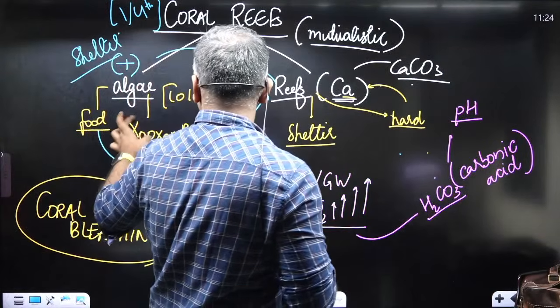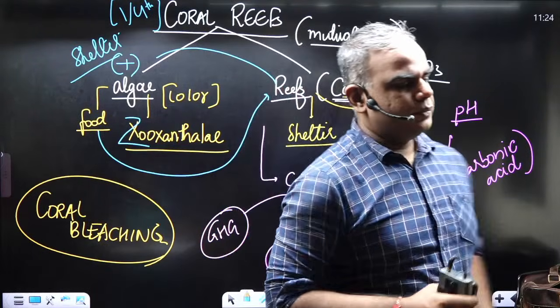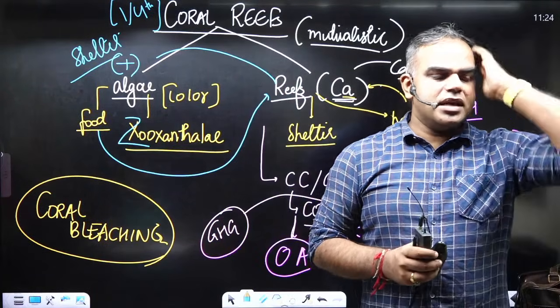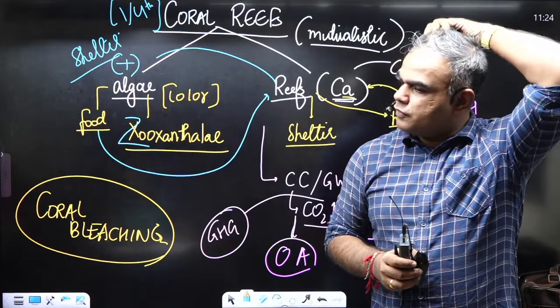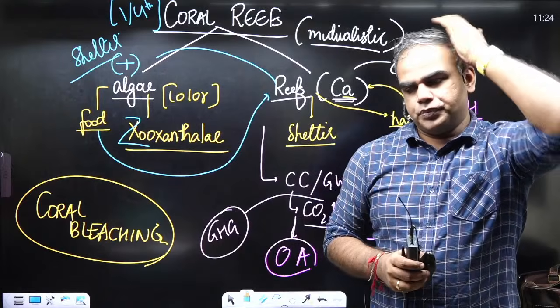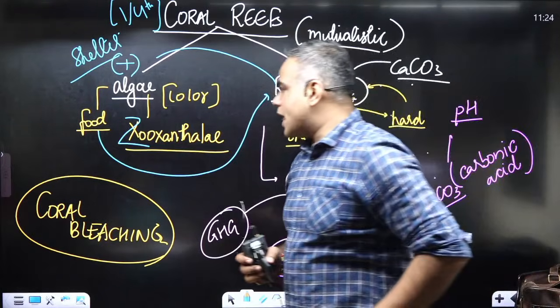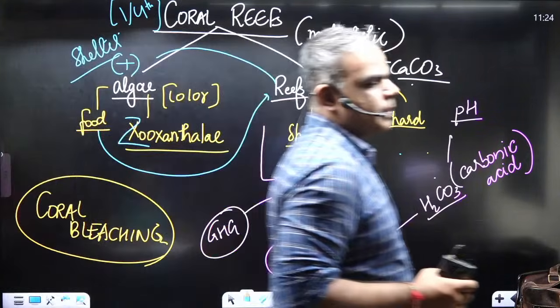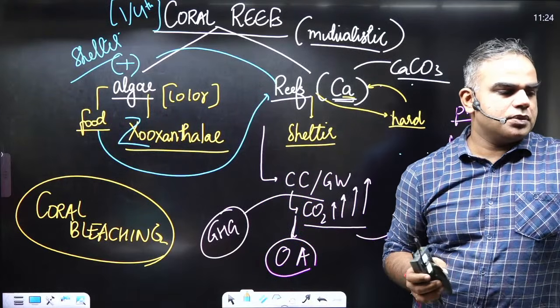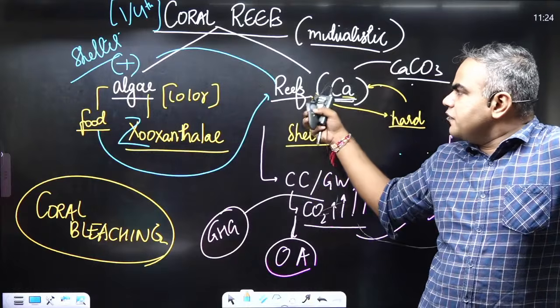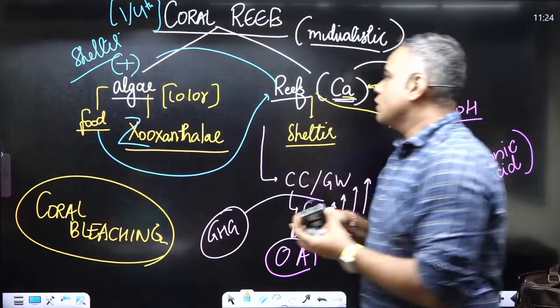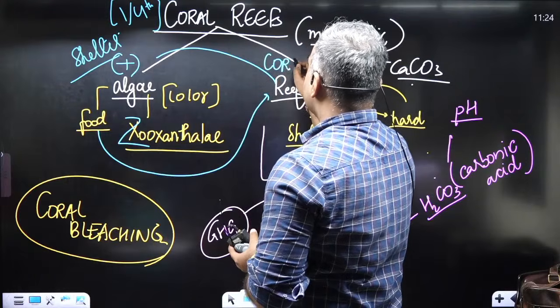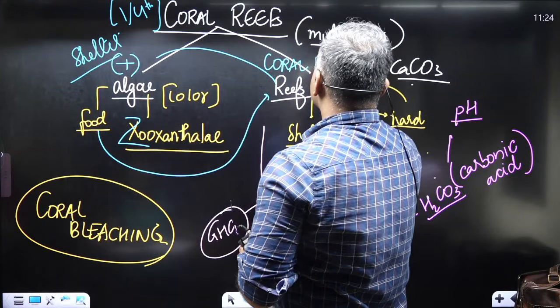There is an algae, zooxanthellae, which provides nutrition, food and color. Next, write coral polyp.